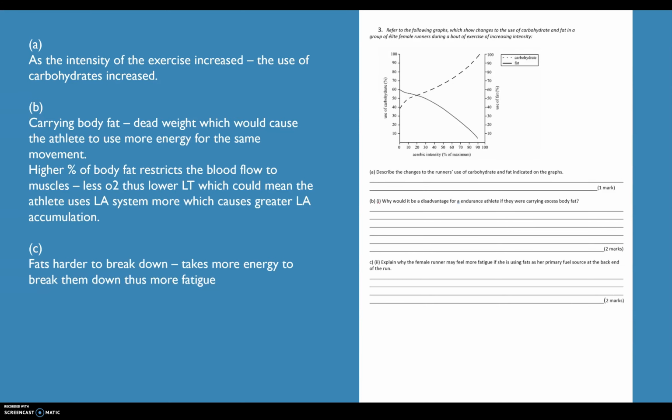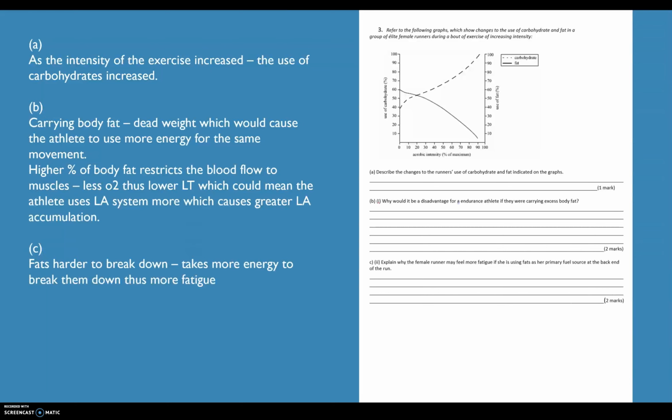B, why would it be a disadvantage for an endurance athlete if they're carrying excess body fat? One of the answers could have been dead weight, which caused an athlete to use more energy for the same movement, or the higher percentage of body fat restricting the blood flow to the muscles, so therefore less O2 is getting to the muscles, lower lactate threshold, which could mean the athlete, if they're trying to work at that same intensity, has to rely more on the lactic acid system, which would cause more accumulation, which would cause more fatigue.